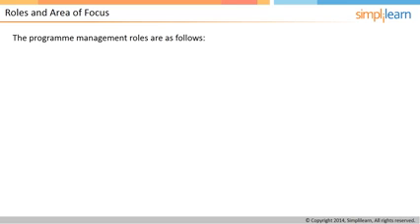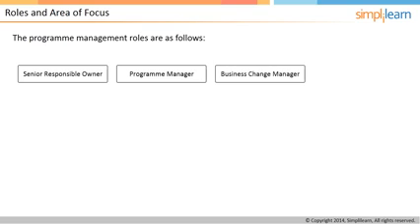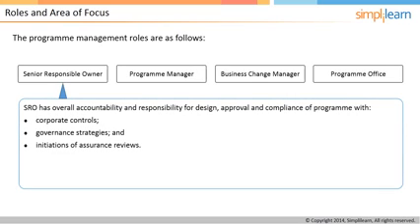Let us focus on the program management roles, namely SRO, Program Manager, Business Change Manager or BCM, and Program Office. The Senior Responsible Owner, or SRO, has the overall accountability and responsibility for design, approval, and success of program.